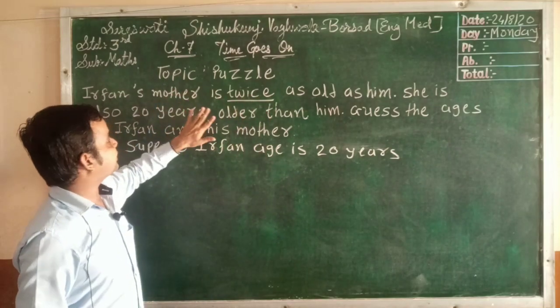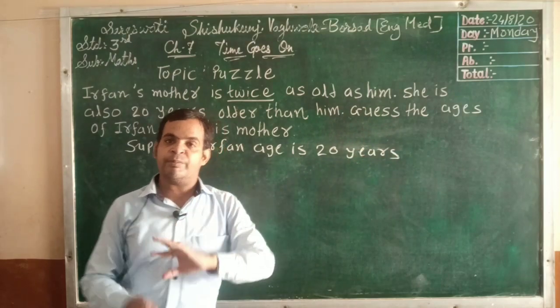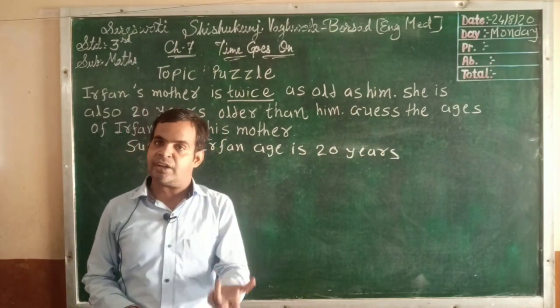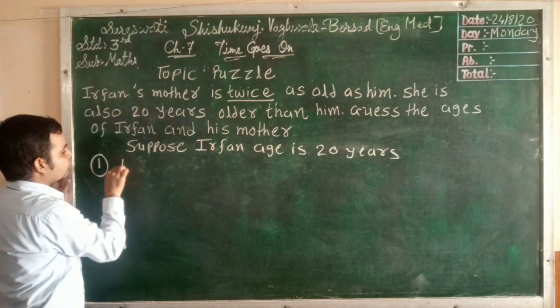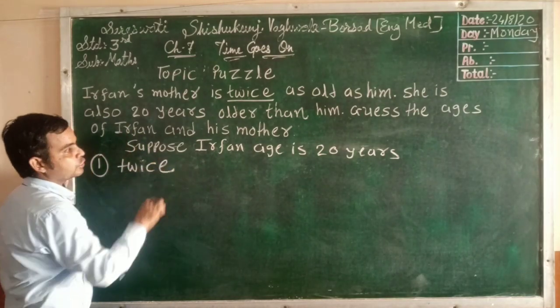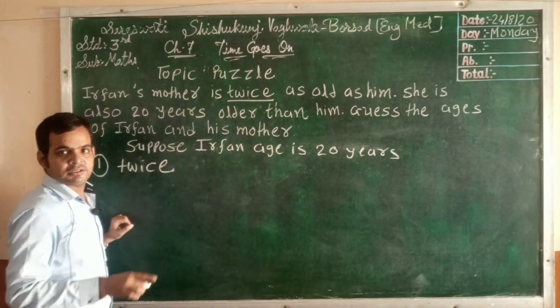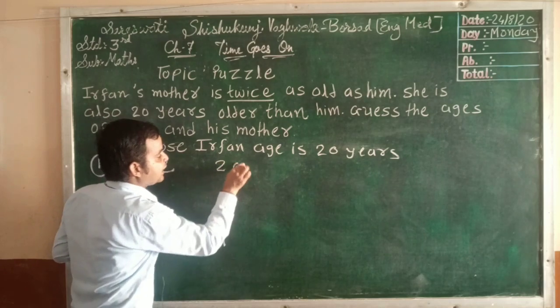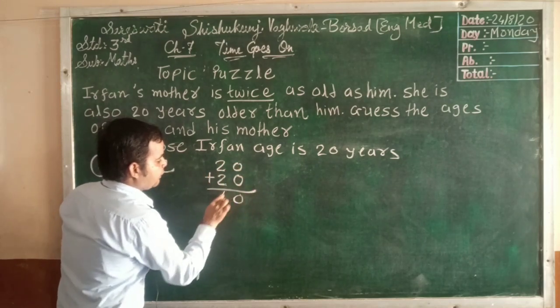Your first condition is Irfan's mother is twice as old as him. Twice means, as we already discussed, double. So Irfan's age is 20 years, so twice means double, so 20 plus 20 is 40.